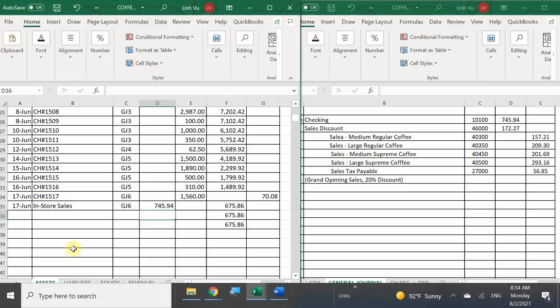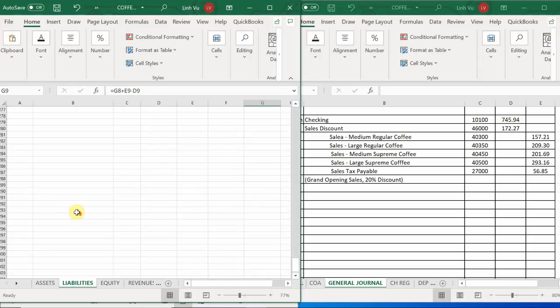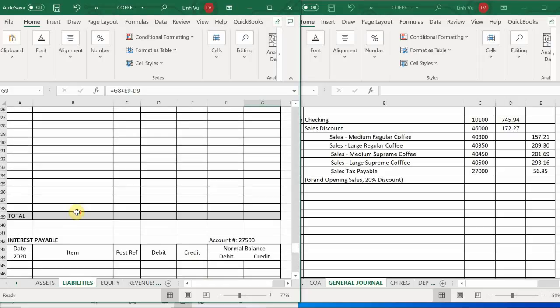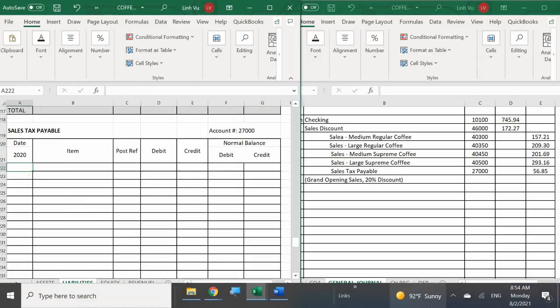Liability? Okay. Here we go, sales tax payable. I normally leave this blank because usually sales tax happens in store or in person. And yeah, it's pretty straightforward, right?